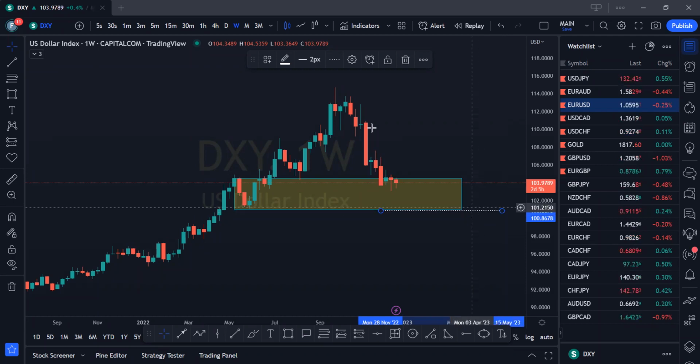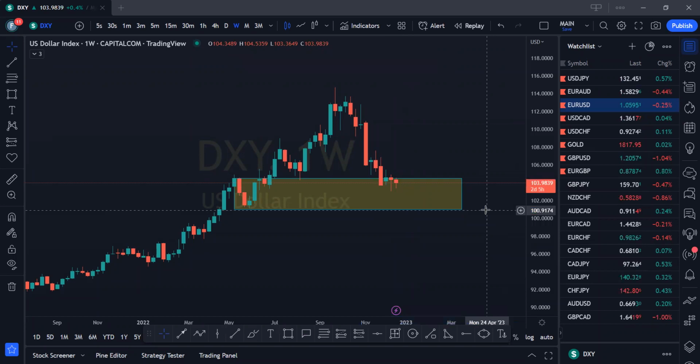But right now, the dollar is on a weekly demand. And that means the dollar is at a zone where a lot of people are interested to buy right now. So this level is a psychological level where the buyers are active.